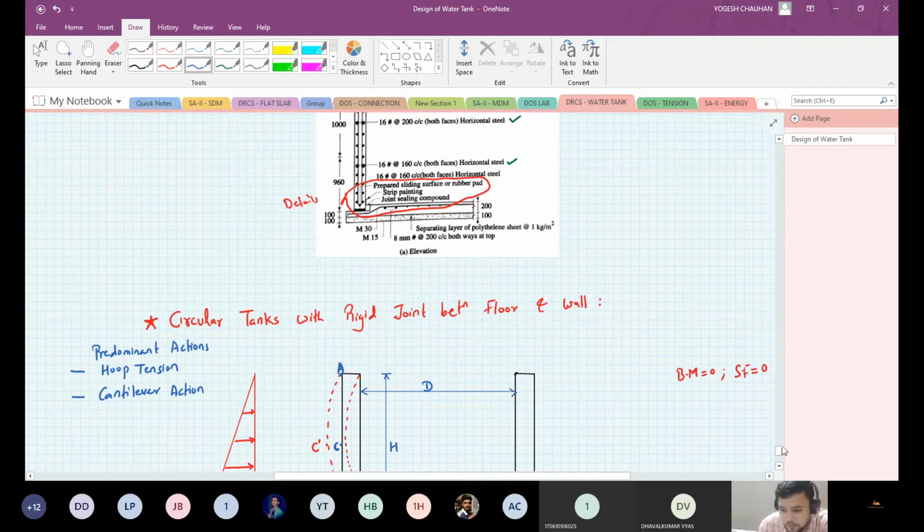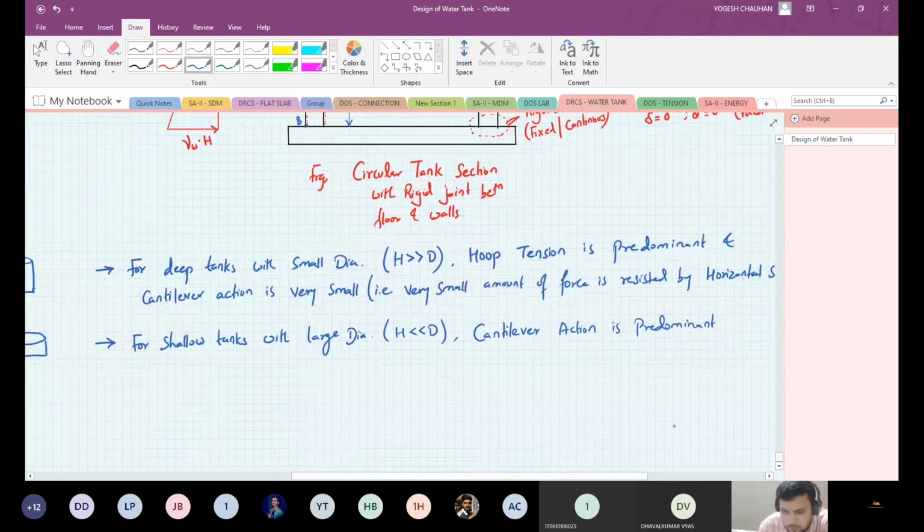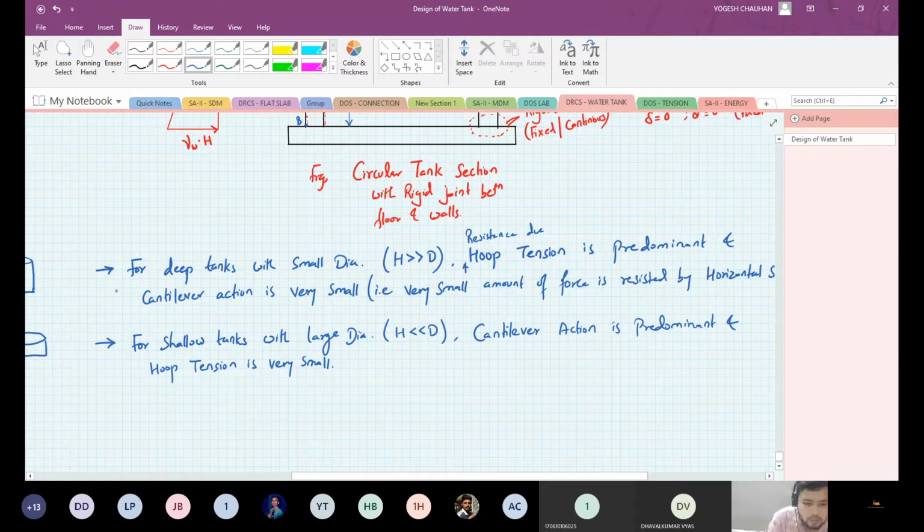and hoop tension is very small. Here we mean to say that for deep tanks, the resistance due to hoop tension is predominant, and resistance due to cantilever action is very small.